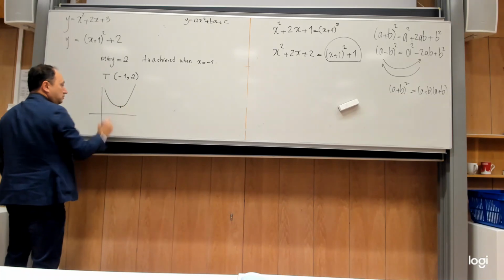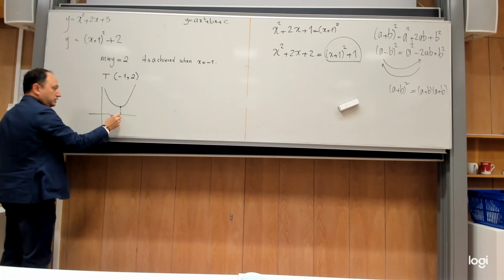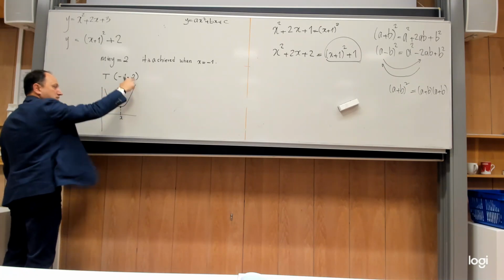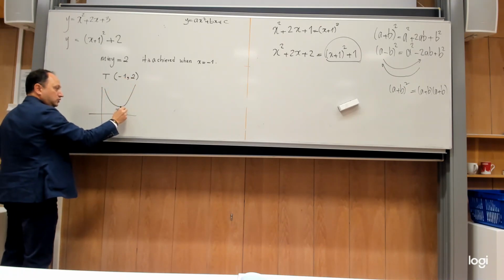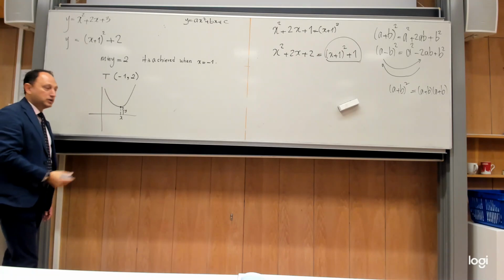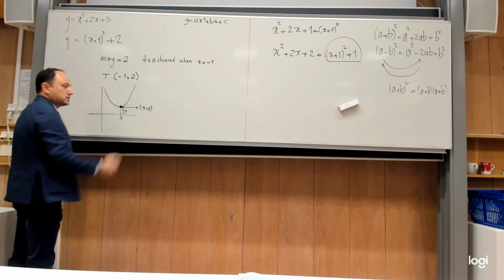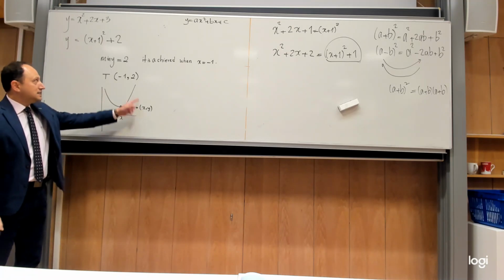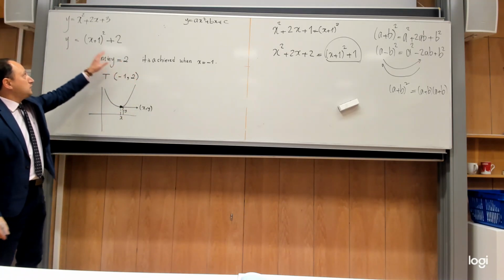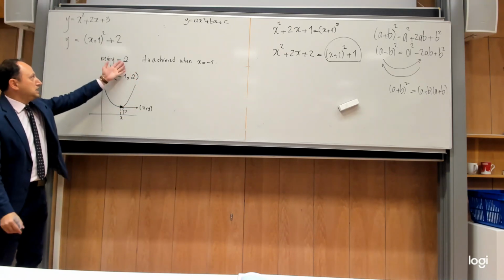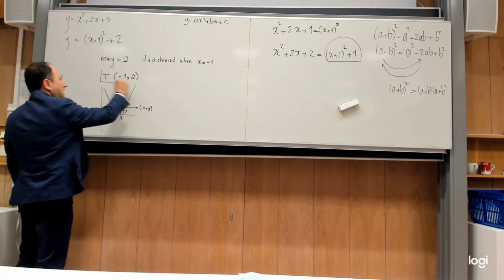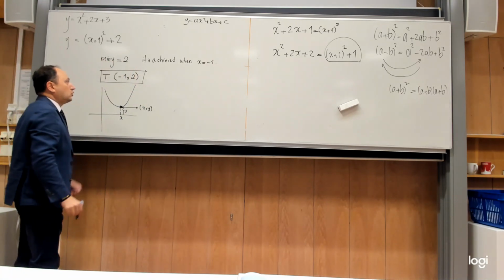This x coordinate is exactly the point where the minimum is achieved, and this y value is exactly the minimum value. So the coordinates are x, where the minimum is achieved, and y, the minimum of y itself. So this is the extreme point, or the turning point.